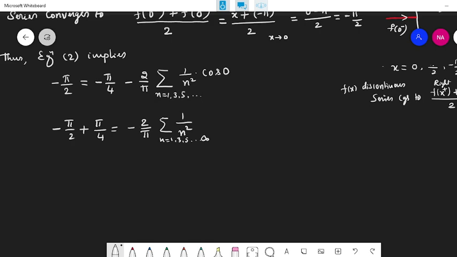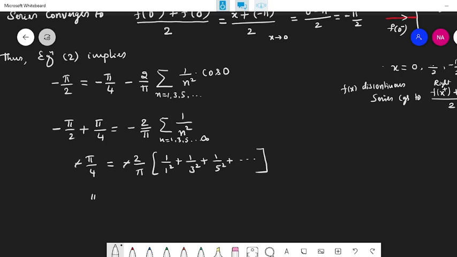So minus pi by 2 plus pi by 4 is minus pi by 4 equal to minus 2 by pi into, if you expand this, 1 by 1 square plus 1 by 3 square plus 1 by 5 square and so on. So minus into minus cancel.